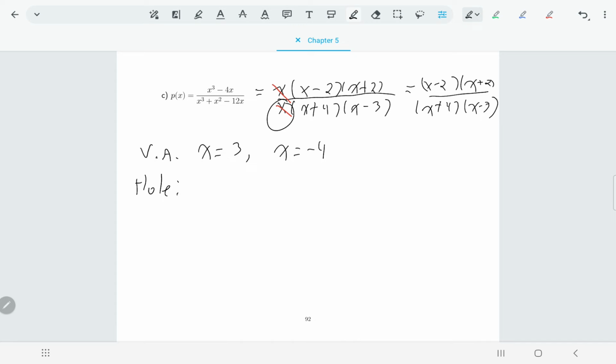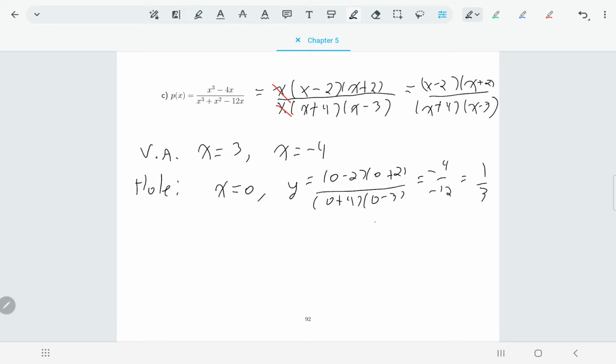We have the excluded value x equals 0 from that factor x, and that factor x got canceled, so we'll have a hole when x is 0 and y is, so this would be -4 over -12, which is positive 1/3. So we'll have a hole at the point 0, 1/3.